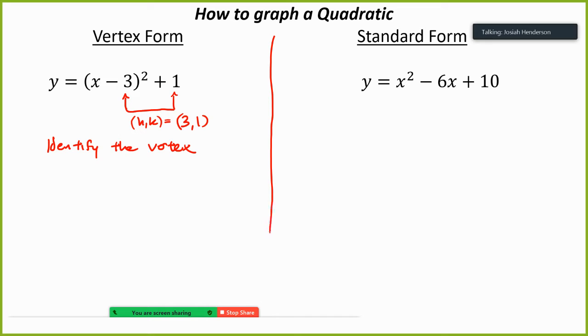I don't know the actual shape of this parabola yet, but I'm going to make my y-axis and my x-axis. And I know that the vertex lives at 3, 1. So let's put that spot on our graph somewhere. I'm going to go 3 units to the right, and then 1 unit high. There's my vertex.